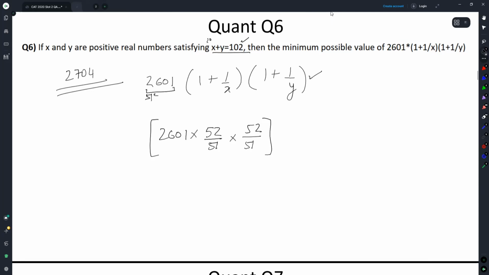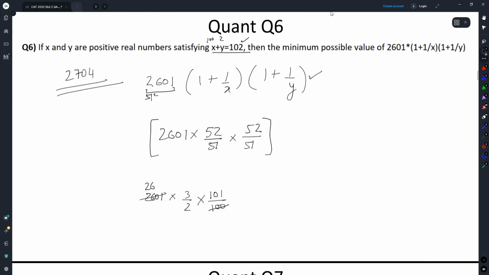Can I take it as 102? So then I would get, let's say, 2601 into 1 plus 1 by 2. That will be 3 by 2 into 101 by 100. Forget everything else.